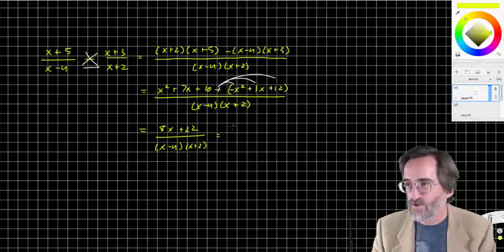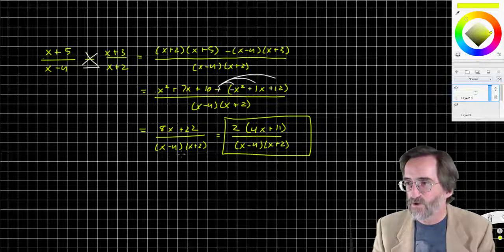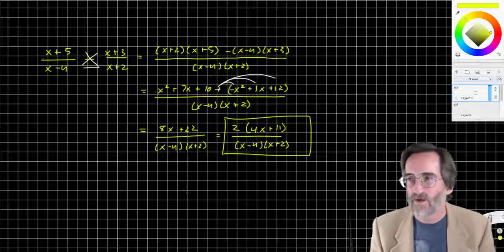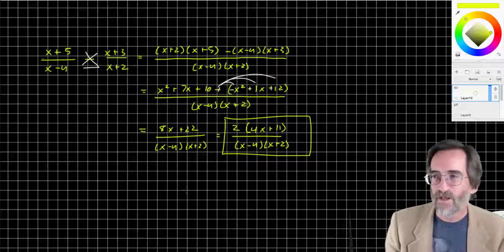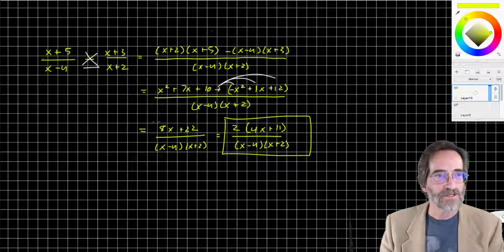Let's see, 2 factors out, and that leaves 4x plus 11. But that really doesn't help because nothing cancels. And so we can leave it like that. We can leave it like the original, or we can multiply the denominator. But that's how to do a fraction addition or fraction subtraction.